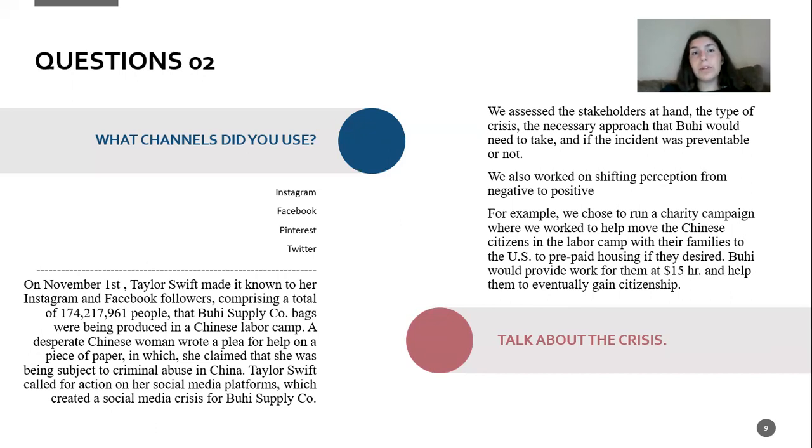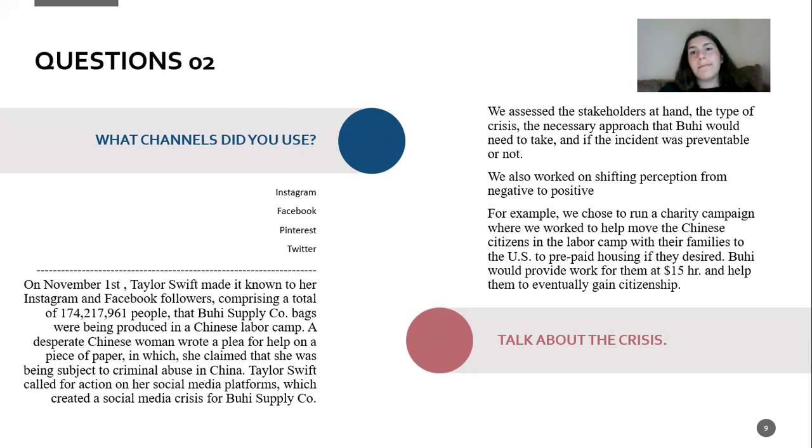So Bowie withdrew, and the first actions we took were to assess the stakeholders at hand, the necessary approach that Bowie would need to take, and if the incident was preventable or not. We also worked on shifting perception from negative to positive.